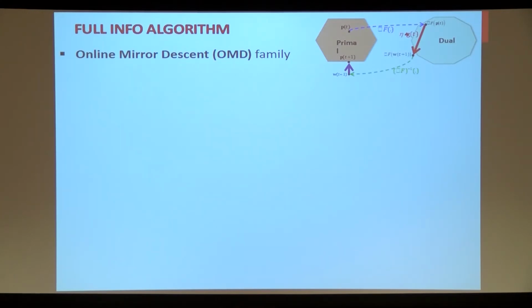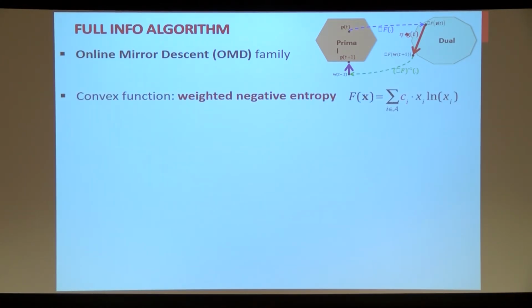What we use is a family of online learning algorithms called online mirror descent. You can think of online mirror descent as a parameterized learning family where each member uses some convex function, called a Legendre function, as the base. Based on that function, it does some update rule and some projection, and in this way learns the distribution over the set of actions.